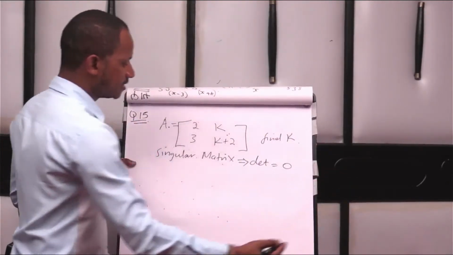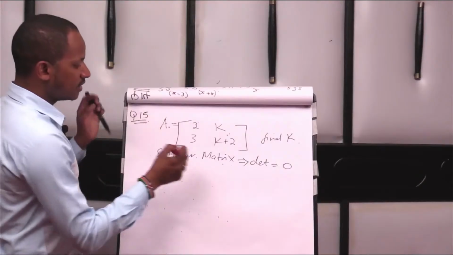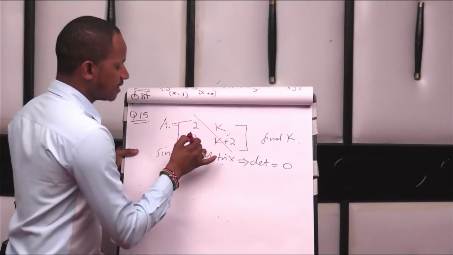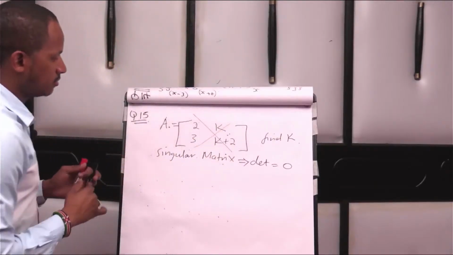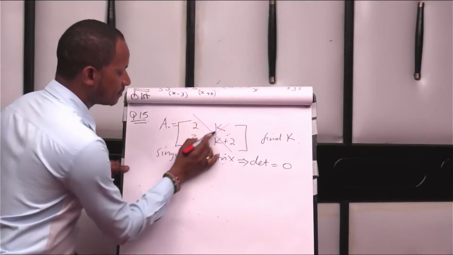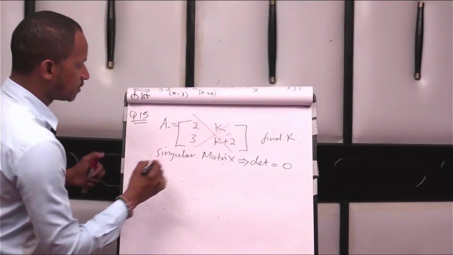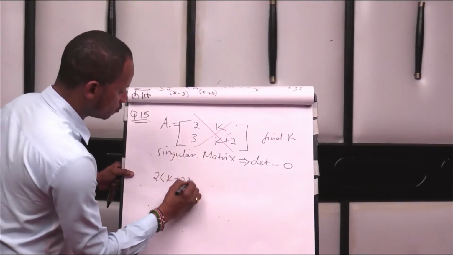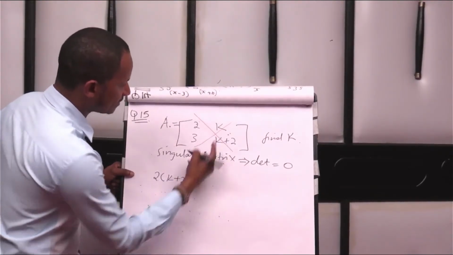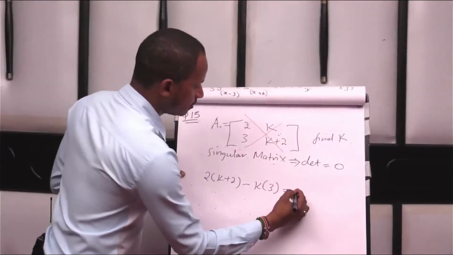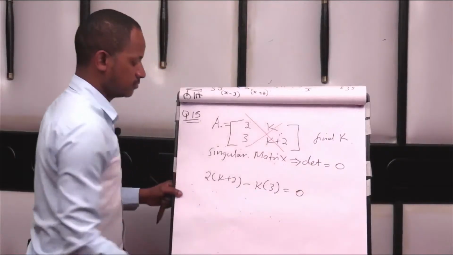But how do we get the determinant? The determinant is the product of the leading diagonal minus the product of the other diagonal. So the leading diagonal is 2 times (k plus 2), minus k times 3, equals 0.